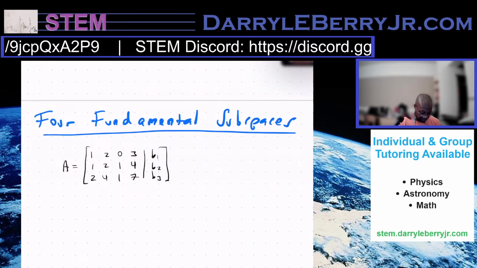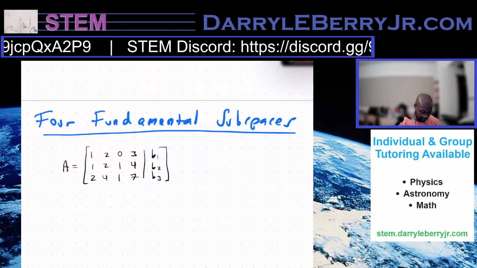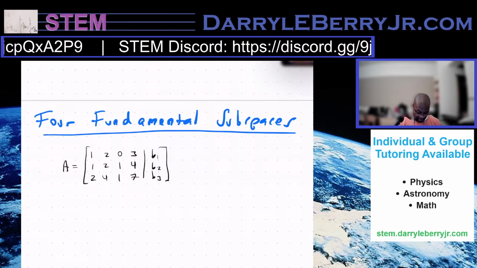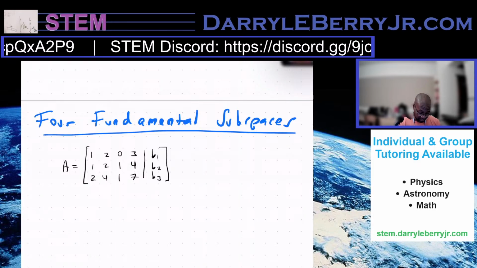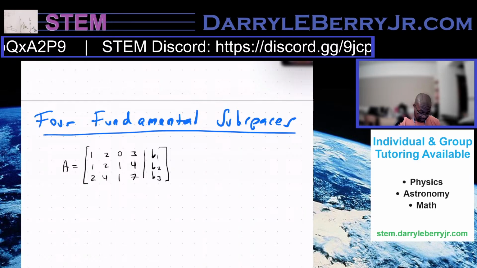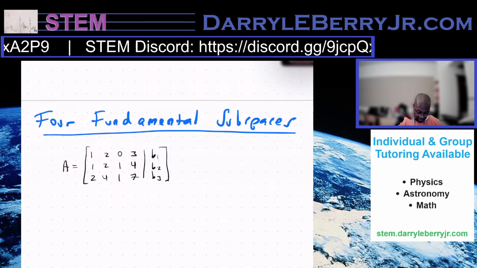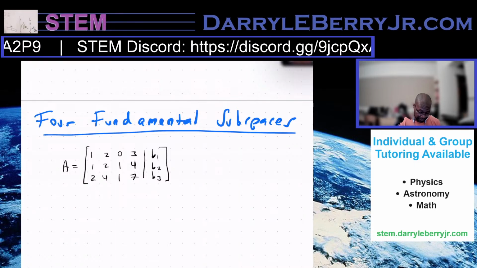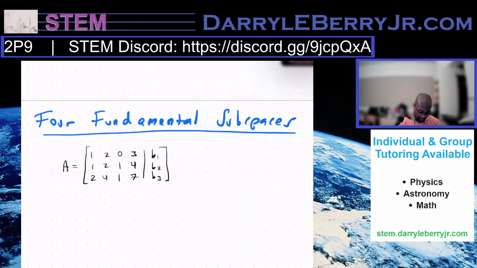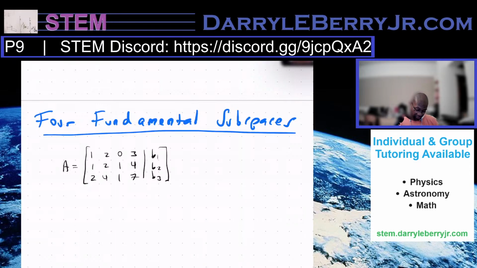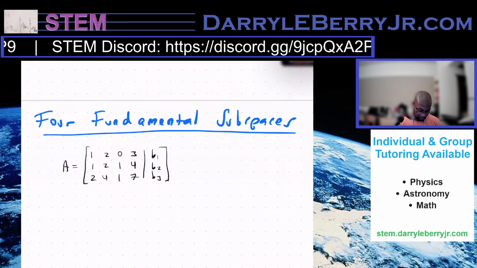The null space is the x that solves Ax equals b. Actually, instead of adding an extra step, Ax equals 0.